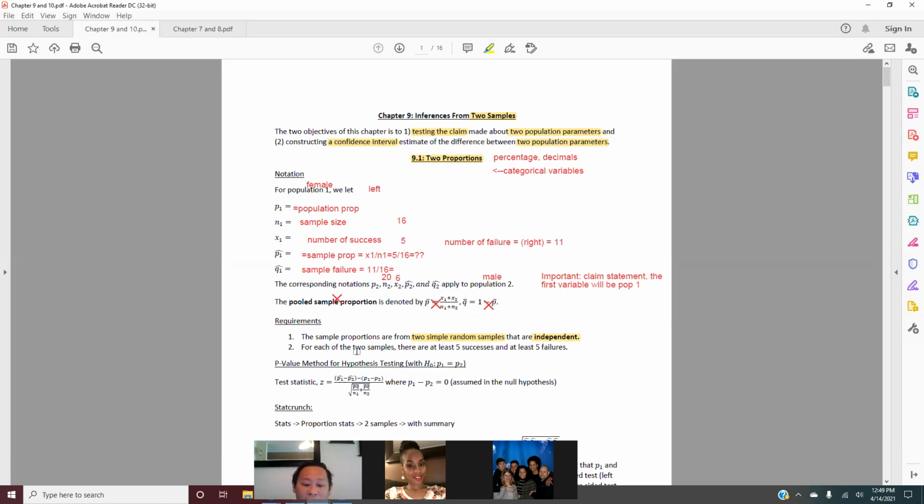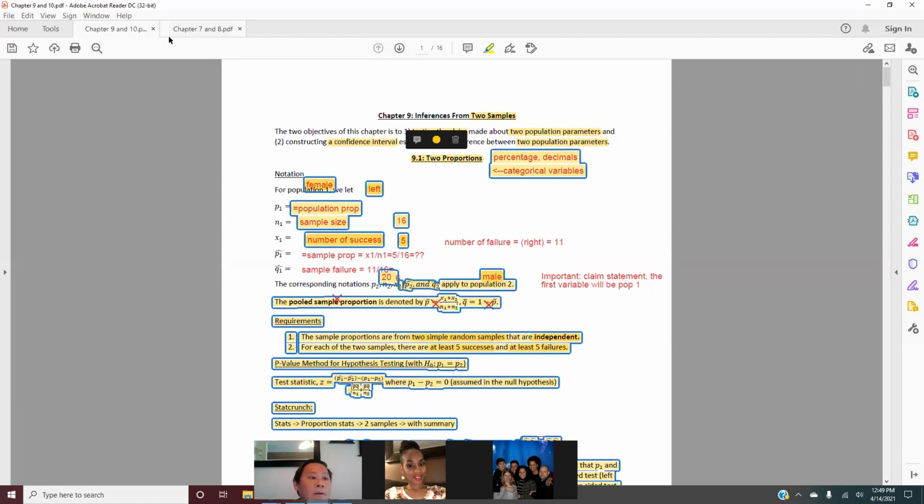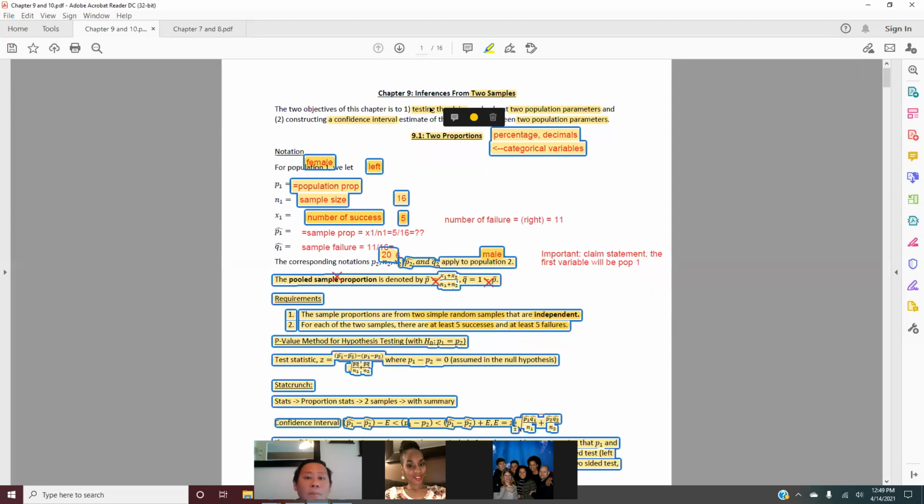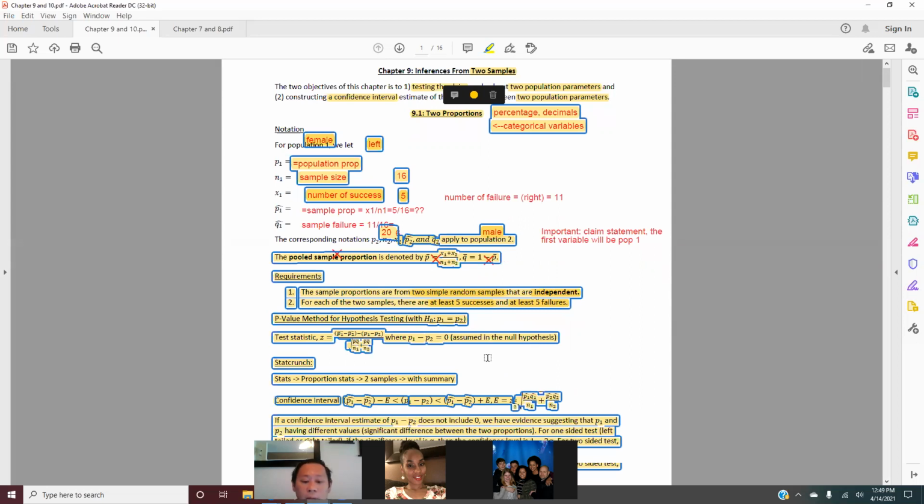And then for these two samples, you have to have at least 5 successes and at least 5 failures. So for example, in this female example about left-handedness, we got 5 females here, and for the male group, we got 6 of them. I highlighted too many, I should not have highlighted them. There's no back button here.